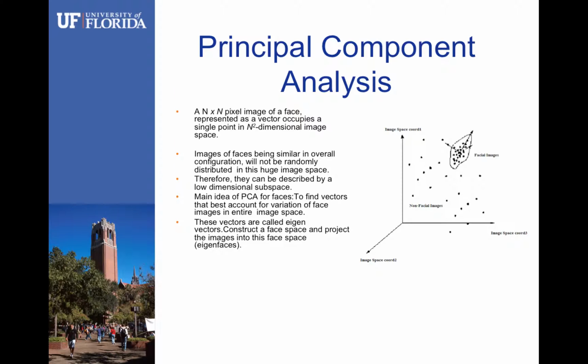Therefore, they can be described in a low-dimensional space. The main idea of PCA for faces is to find vectors that best account for variation of face images in the entire image space. These vectors are called eigenvectors. Construct a face space and project the image into the face space.